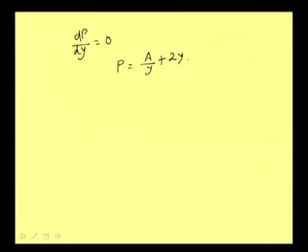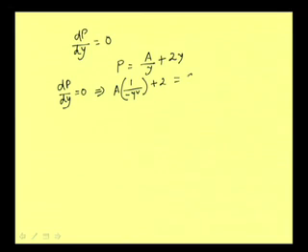Now, if we use that concept, dP/dy is equal to 0 implies, as A is fixed, A into 1 by minus y square plus 2 is equal to 0. So, this will imply that A by y square is equal to 2.